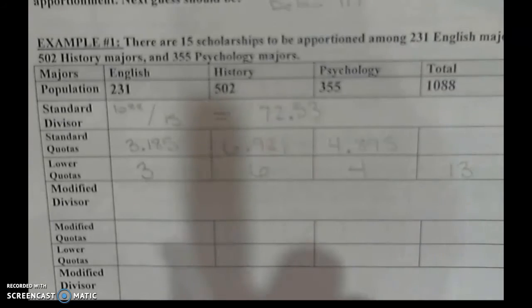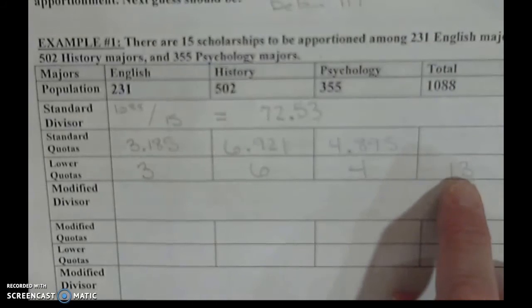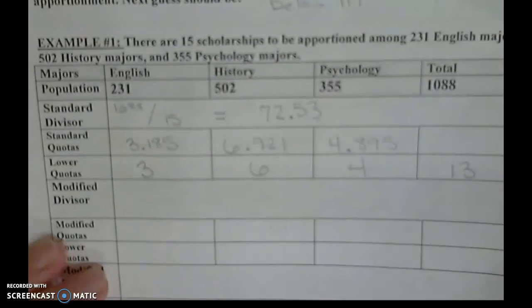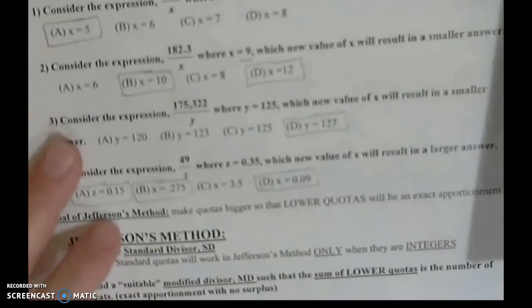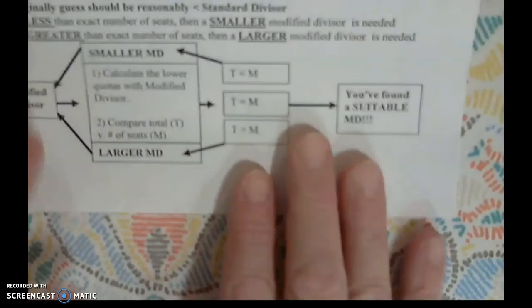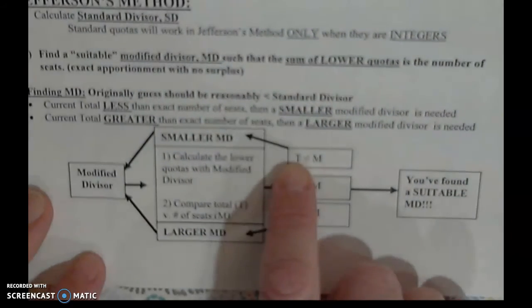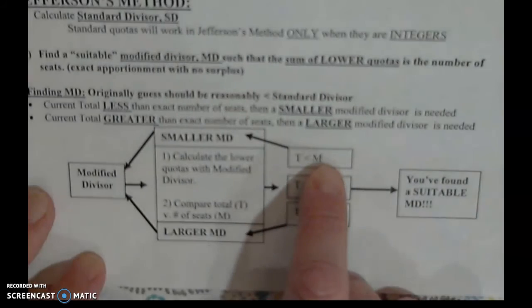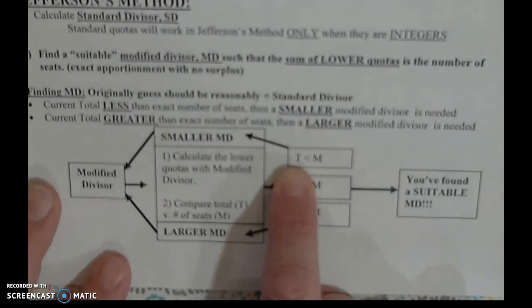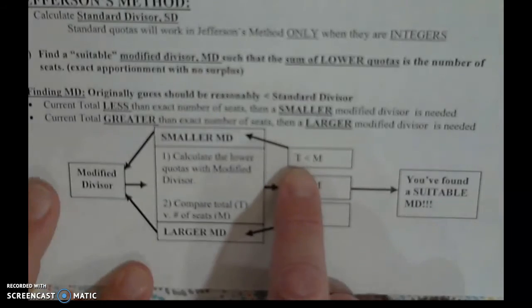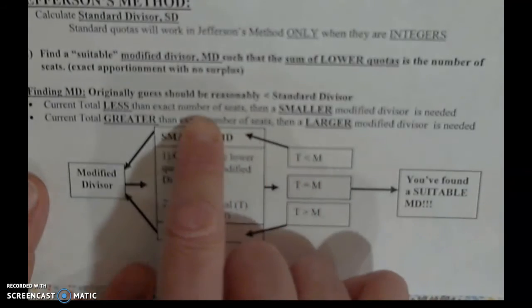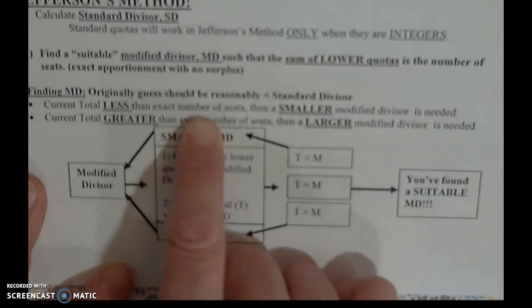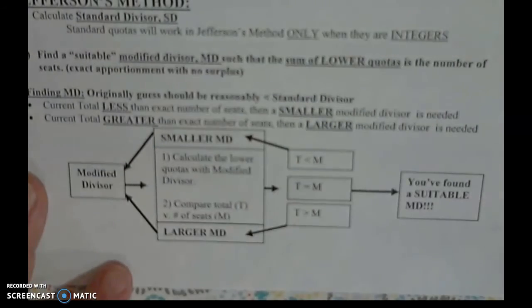We need our numbers to go up. Going back to our little rule here, right now 13 is less than 15. We have 15 to give out and we've only given out 13. So we need to make our divisor smaller so that my quota goes up.